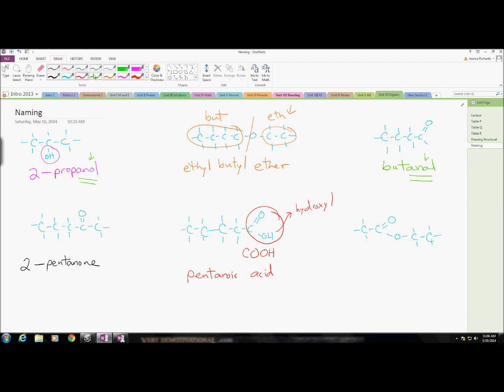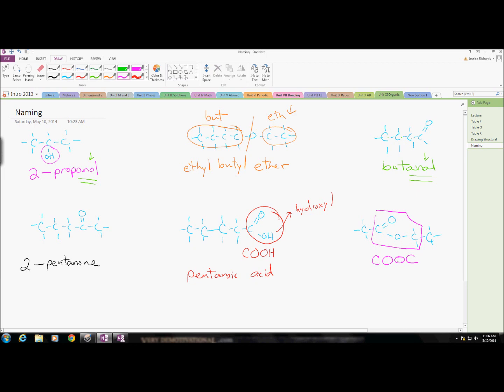And then last but not least over here, we have an ester. So I have COOC. Here's my functional group right here. A carbon with a double bonded oxygen with a single bonded oxygen who happens to be attached to a carbon.